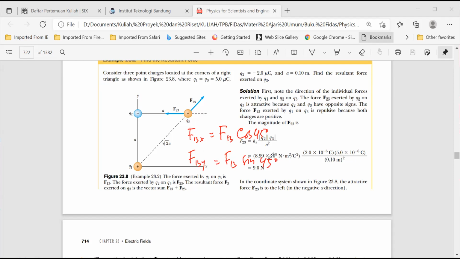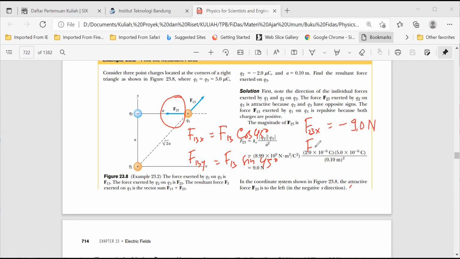So it means that the resultant F3, before that, F23, you see that the direction of F23 is to the left, okay? So if we talk about the vector, its x component of F23 is minus 9.0 Newton.